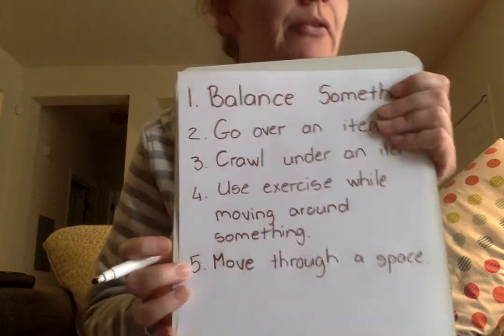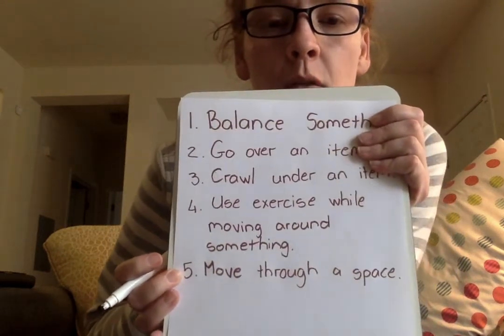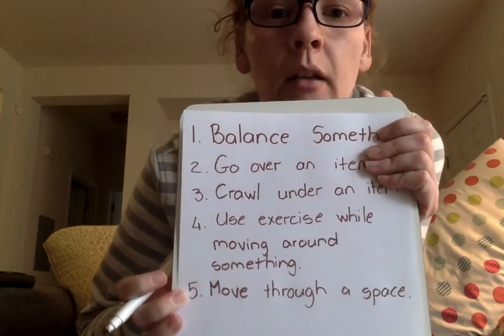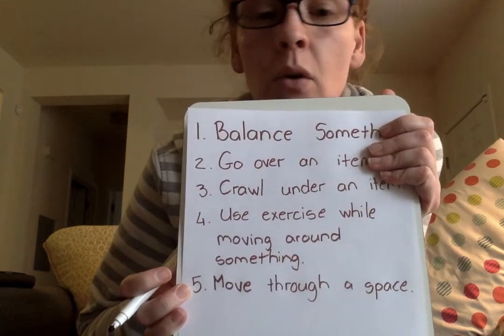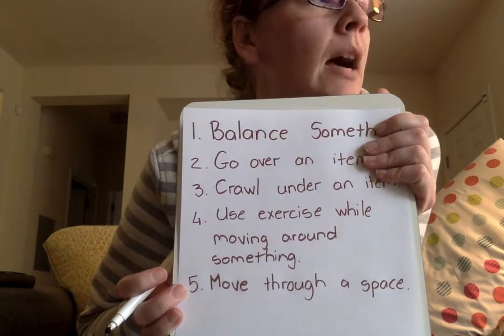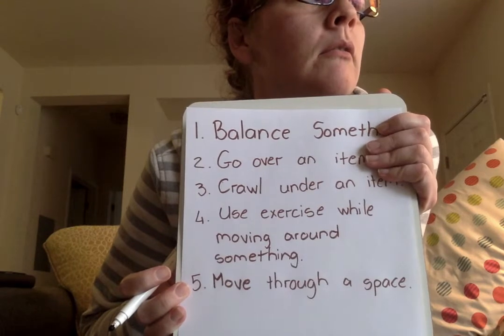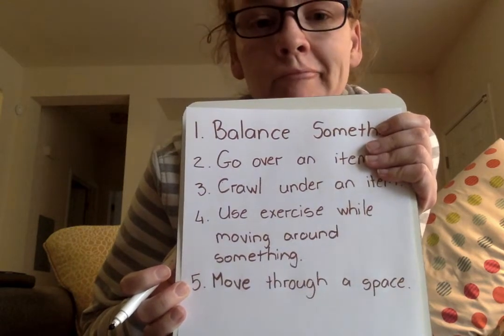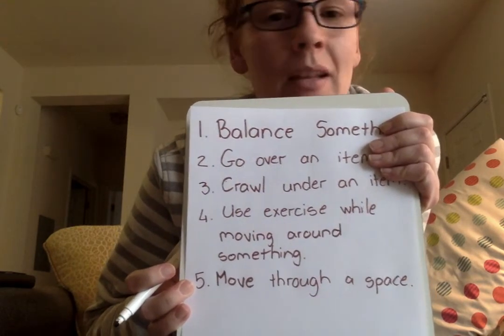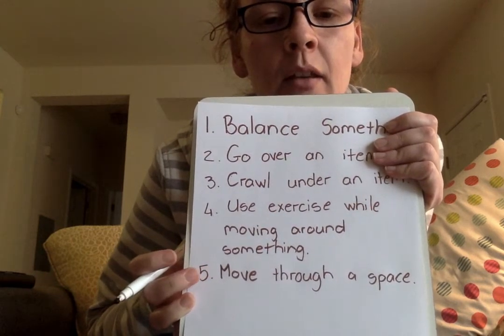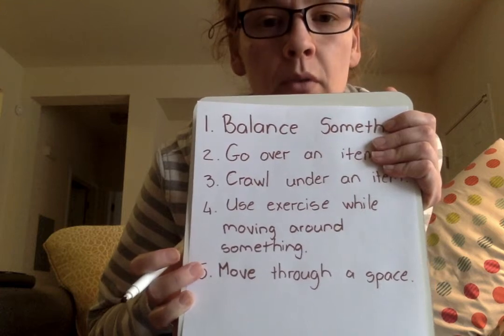Number 5, move through a space. Think about what you're going to walk through every day. You might be walking through a door. You might walk through a cobweb. Let's hope that doesn't happen. But maybe even make something that you can walk through.